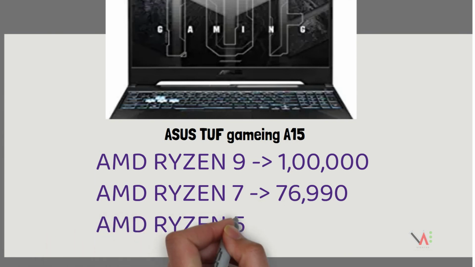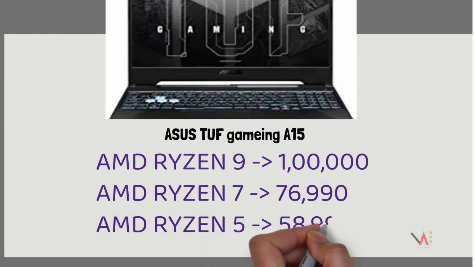If you buy the AMD Ryzen 9, you will pay 1 lakh rupees. If you buy the AMD Ryzen 7, you should pay 76,990. And if you go with the Ryzen 5, you should pay 58,990.